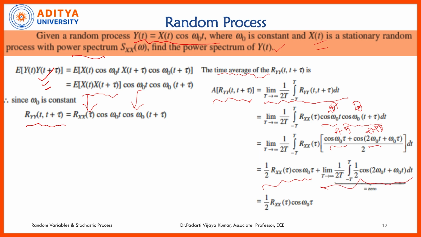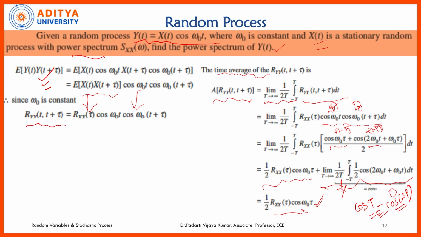The integration of the other function will be 0 because cos is an even function, so cos t minus cos t, what will we get? 0. So, this part will vanish. The residual term is 1 by 2 Rxx of tau cos omega naught tau.